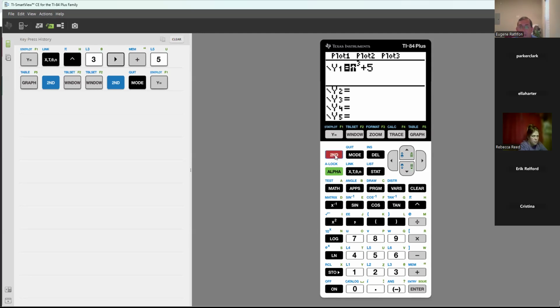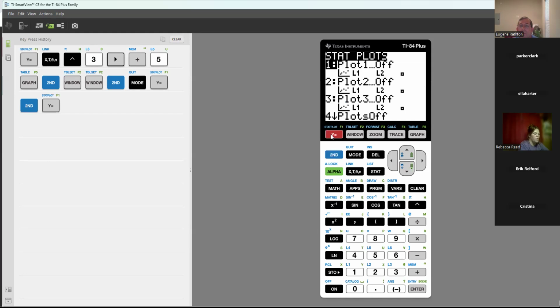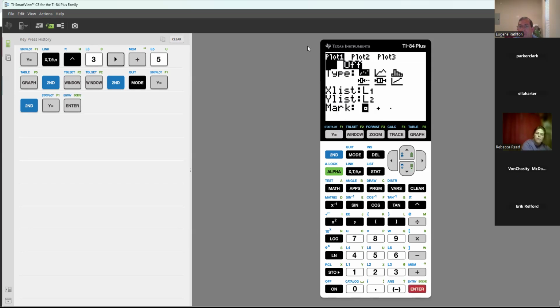Okay, we're going to hit second y equals. Now plot one should be saying on right now. So hit enter on plot one, and you see there's an off and an on. I need you to put that on off.